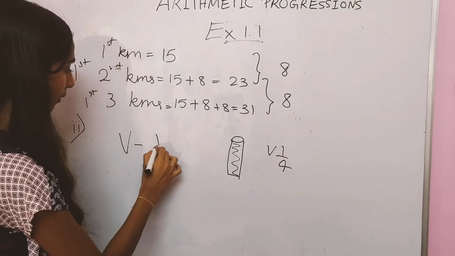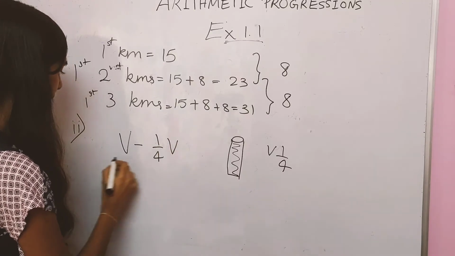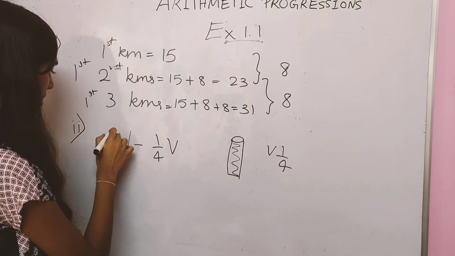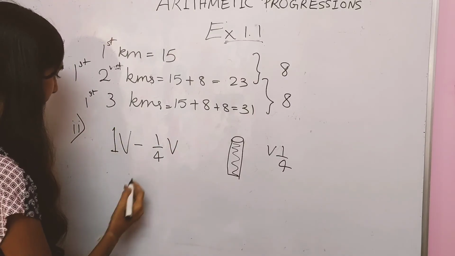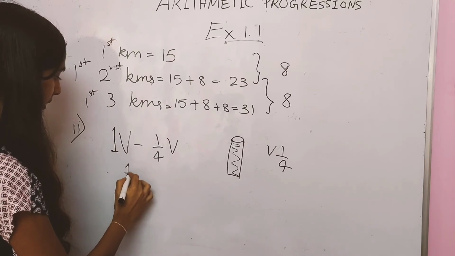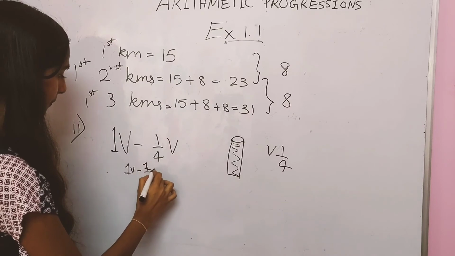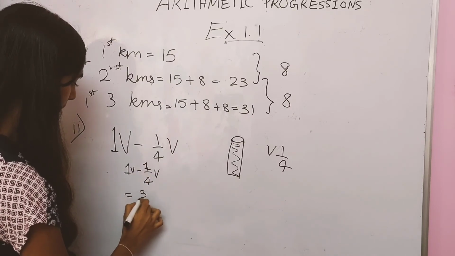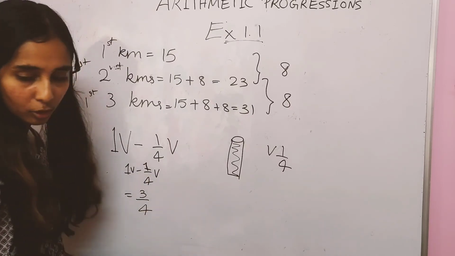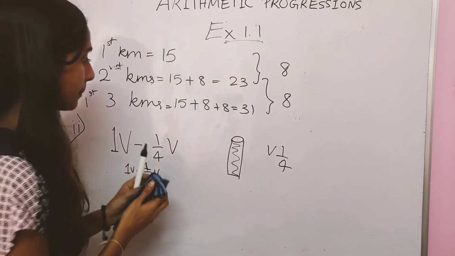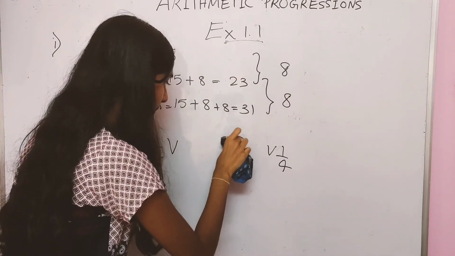So minus 1/4 of volume. V, this is a whole number, so 1. 1 minus 1/4 is 3/4. Now the container is not full, it has become 3/4.